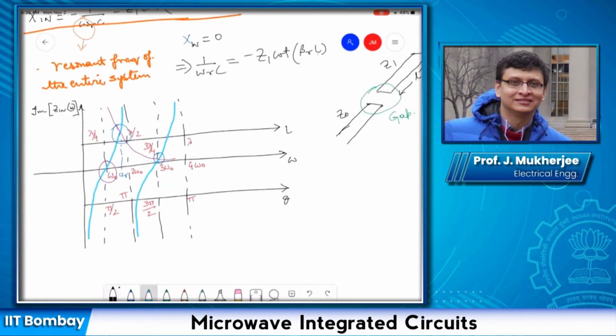This blue line is nothing but minus Z1 cot of beta r l, and this purple line is 1 upon omega C. That's why the intersection point, and the frequency corresponding to it, is omega r.